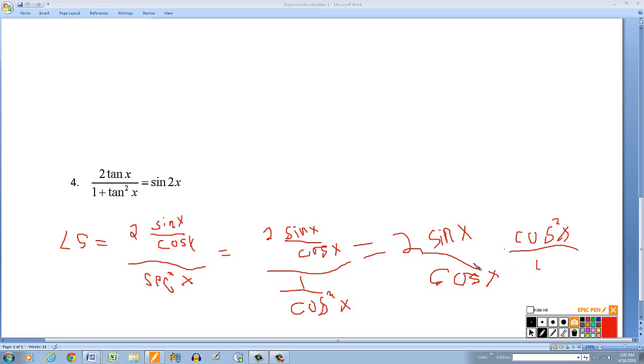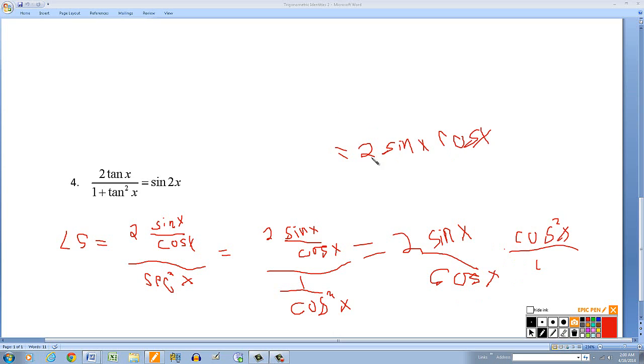Now, here I can do some cancellation. Cosine x here and cosine squared x over here, so this will be 2 sine x. And like I said, one of these will cancel, so I'm going to be left with 1 cosine x.